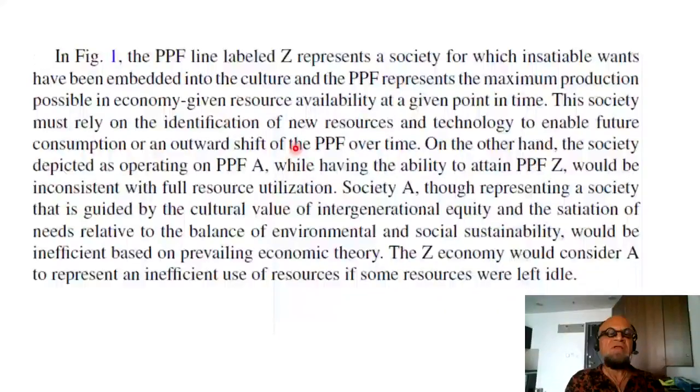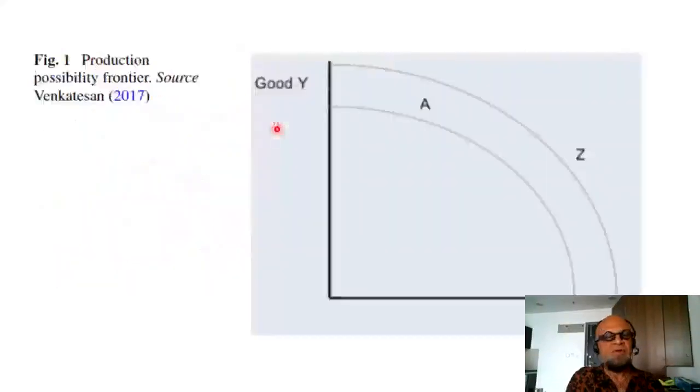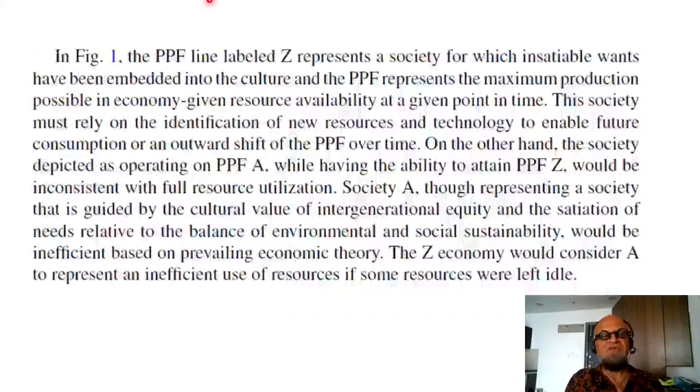In figure 1, the production possibility frontier line labeled Z represents a society for which insatiable wants have been embedded into the culture, and the PPF represents the maximum production possible in the economy given resource availability at a given point in time. This society must rely on the identification of new resources and technology to enable future consumption, or an outward shift of the PPF over time.